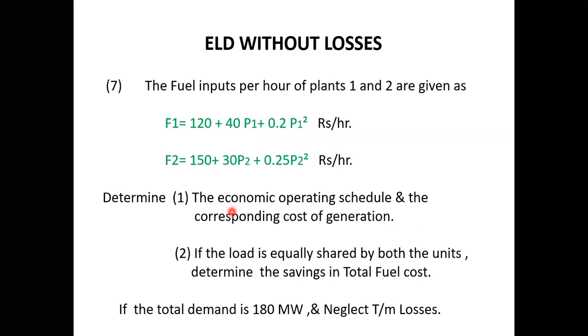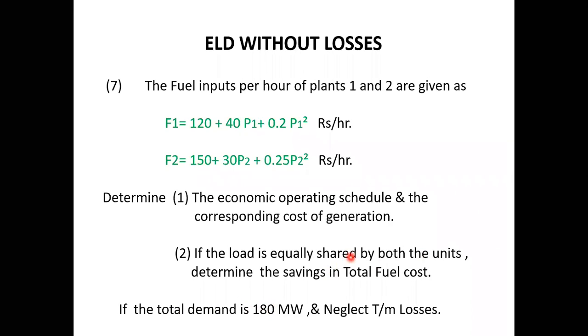Similarly, we need to follow the same procedure for the second one also. But in the second one, no need to find the economic operating schedule. Here the constraint is that the load is equally shared by both the units. Means how much power do we need to consider for each generator? Total demand is 180 megawatts, whereas we have only 2 units.